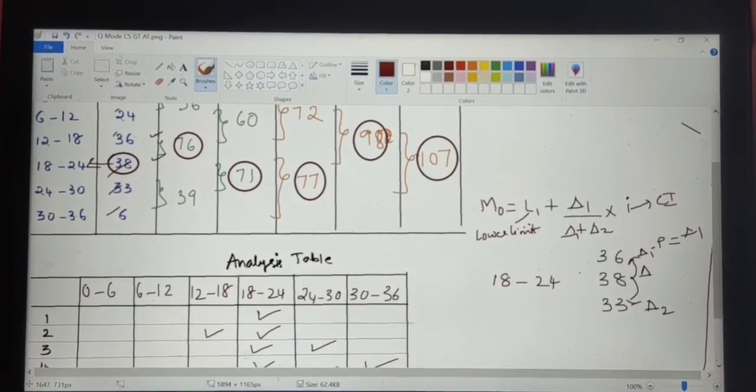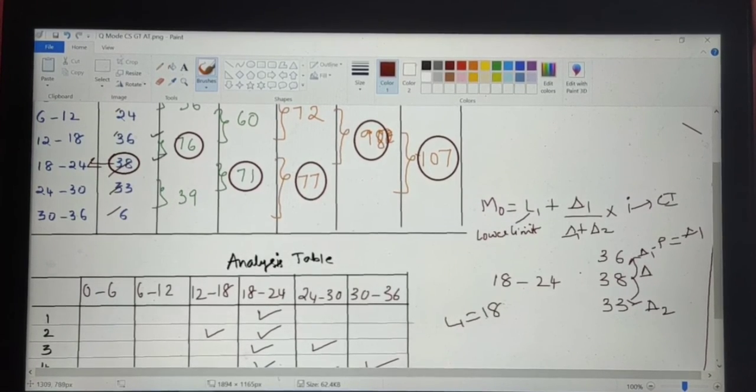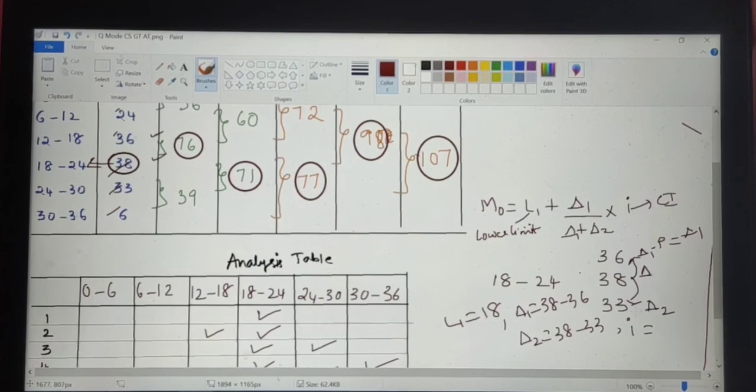Our lower limit is 18, delta 1 equals 38 minus 36, delta 2 equals 38 minus 33, and I equals any upper limit minus lower limit. You can do 30 minus 24, 36 minus 30, anything, and you get 6.